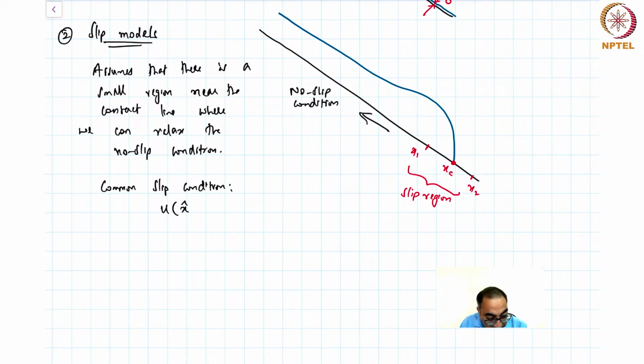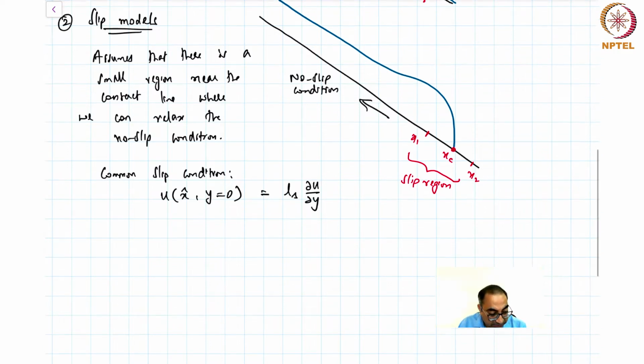Near the contact line, for y on the solid, which is y equal to 0, you say u equals a slip coefficient times del u by del y. So Ls is a slip coefficient.